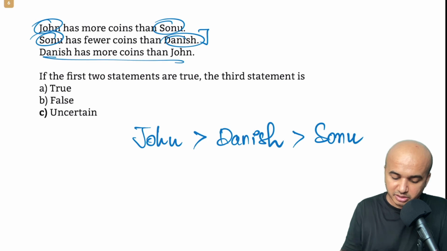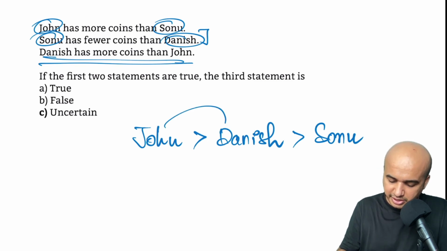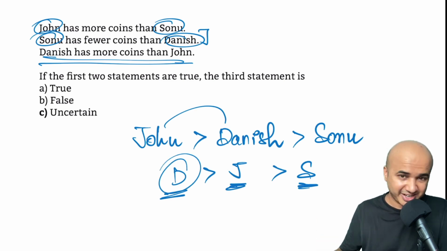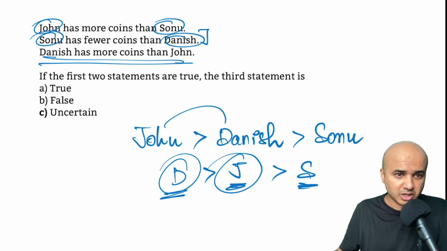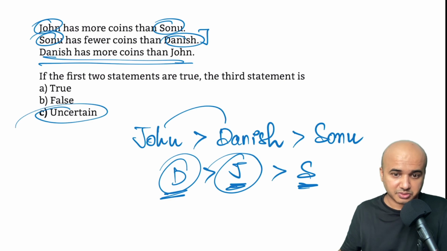This statement, we cannot say for sure whether Danish really has more coins than John. That is, D can come here and then it could be like this, wherein Danish has more coins than John and John has more coins than Sonu. Sonu obviously would be at the last. But we do not know who will occupy the first place, Danish or John. So we are not sure. So we can select uncertain as the option.